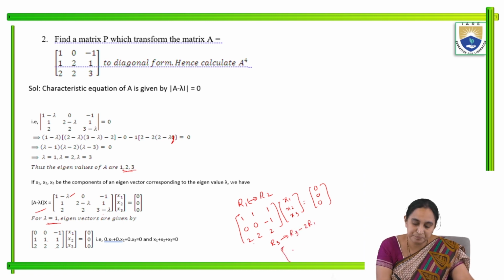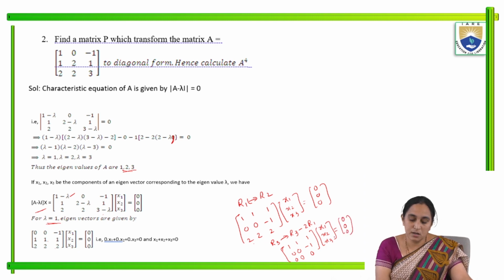That gives (1, 1, 1), (0, 0, minus 1), (2 minus 2, 2 minus 2, 2 minus 2) which is (0, 0, 0), times x1, x2, x3 equal to 0, 0, 0. Observe, after using the R3 row operation with respect to R1, the given matrix is reduced to echelon form, that means below the diagonals are 0.